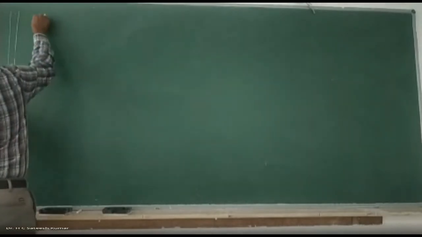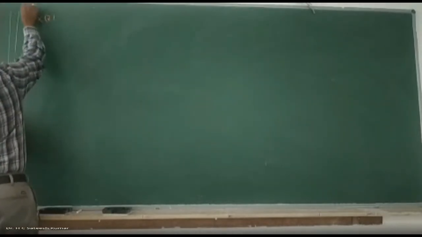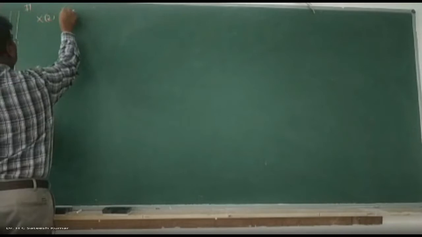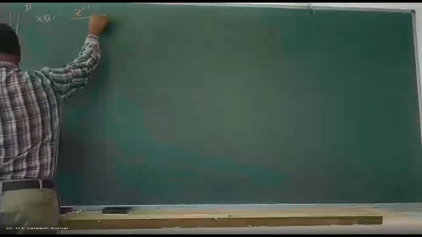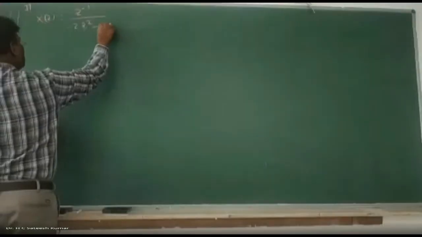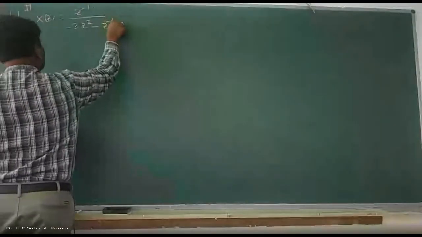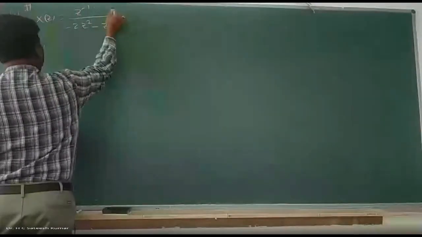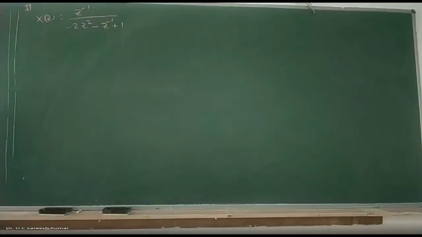Okay, right. Now let us go for one more examination problem. X of z is equal to z to the power of minus 1 divided by minus 2z square minus z to the power of minus 1 plus 1. Okay. Now, what you should do?